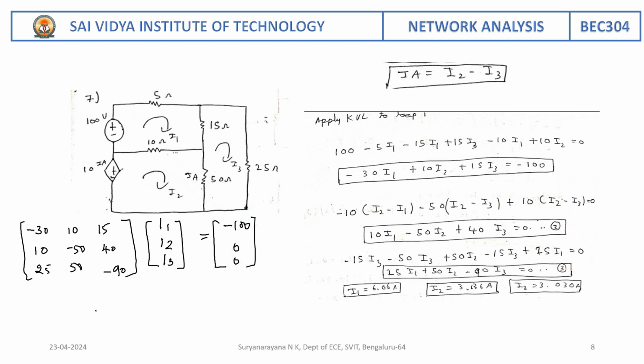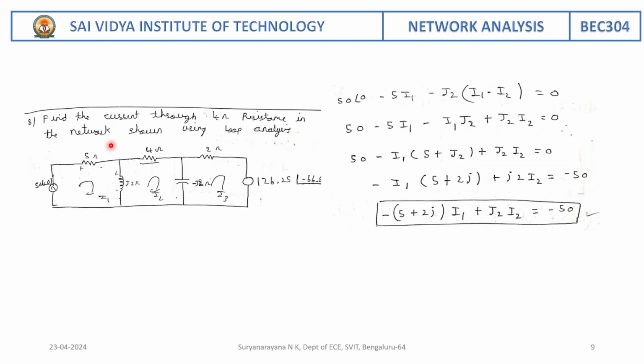Now use the previous technique in order to find I1. I1 is equal to delta 1 by delta, I2 is equal to delta 2 by delta, and I3 is equal to delta 3 by delta. Even if you have a scientific calculator, three unknowns can be found by using the equation mode in the calculator.